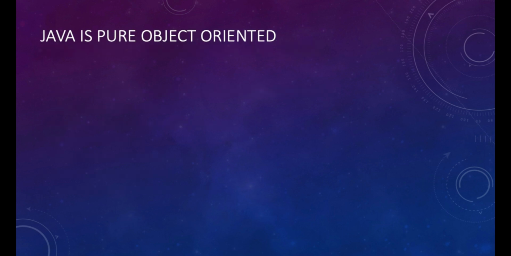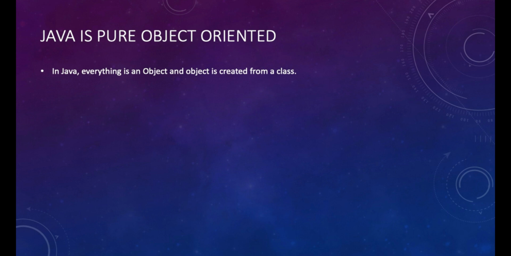First of all, Java is pure object oriented, which means that in Java everything is an object, and an object is created from a class. You must remember this golden rule of Java. Okay, so now what is a class?